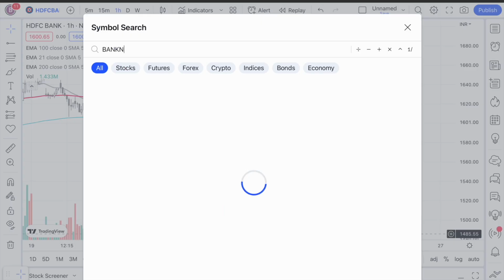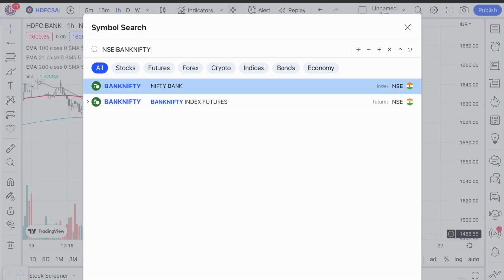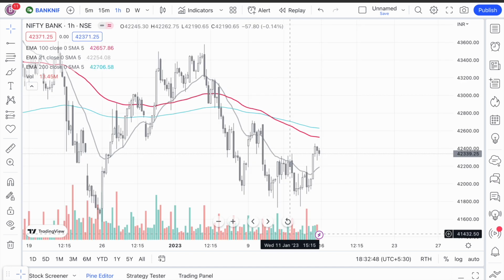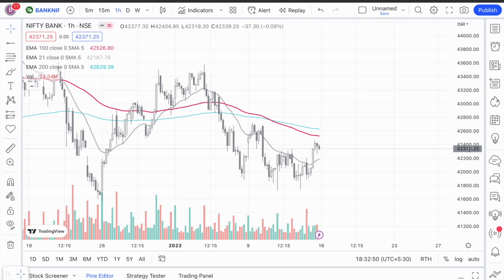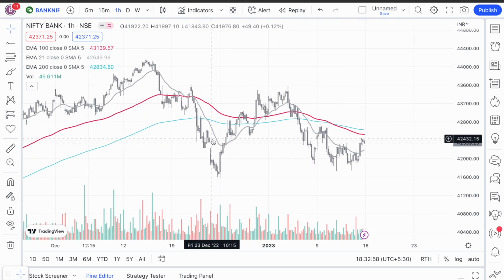My view on the overall market remains bearish. Why? Because the FII numbers are not that great. I obviously give more importance to what the foreign investors are doing, as opposed to all other conditions, because you have seen that the market trend is decided by them.